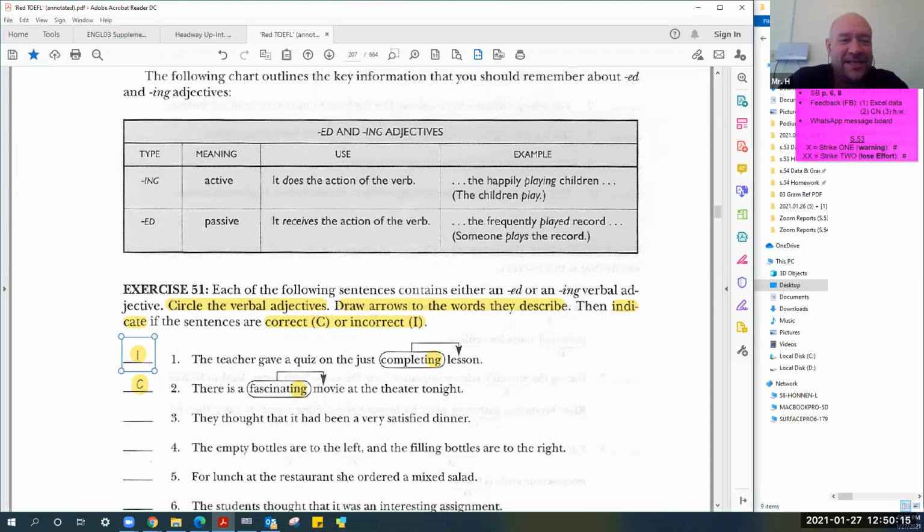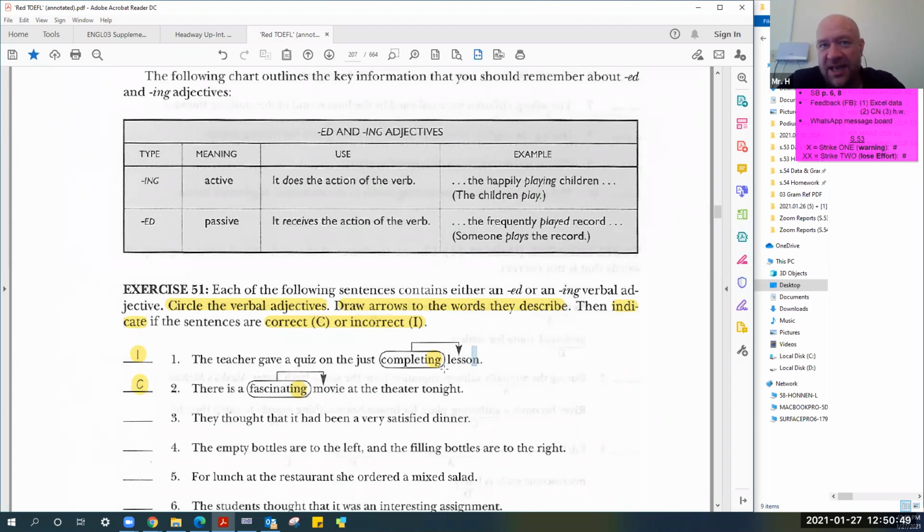All right, Abdulaziz, can you explain number one? It's incorrect. Tell us why. Because it should be completed lesson, because the teacher did it. Bingo. We don't know if the teacher did it. That's not the key.